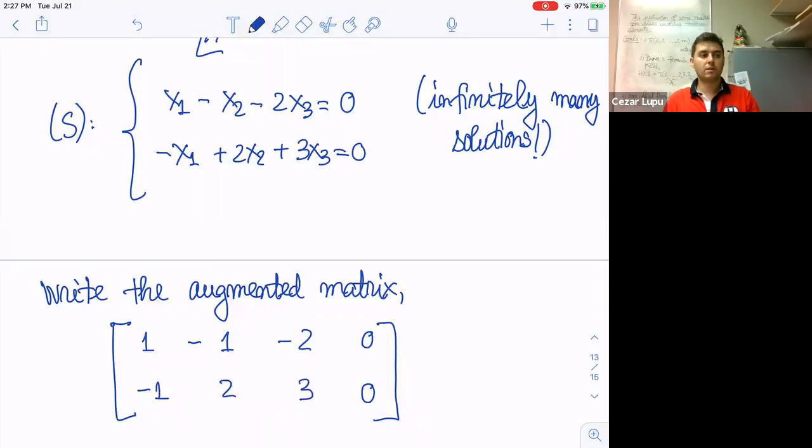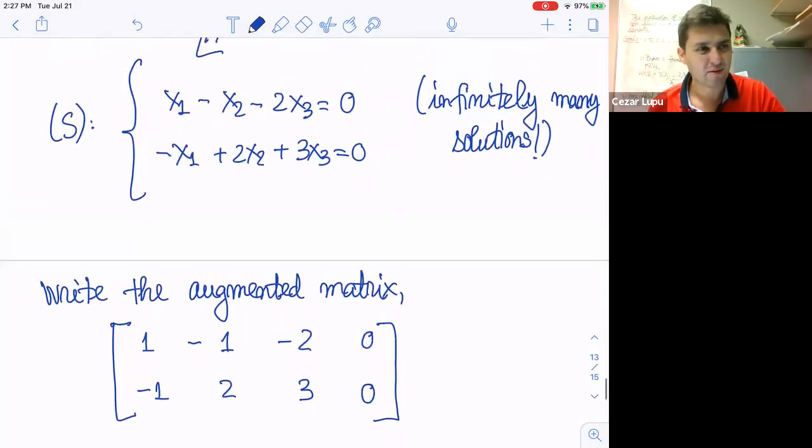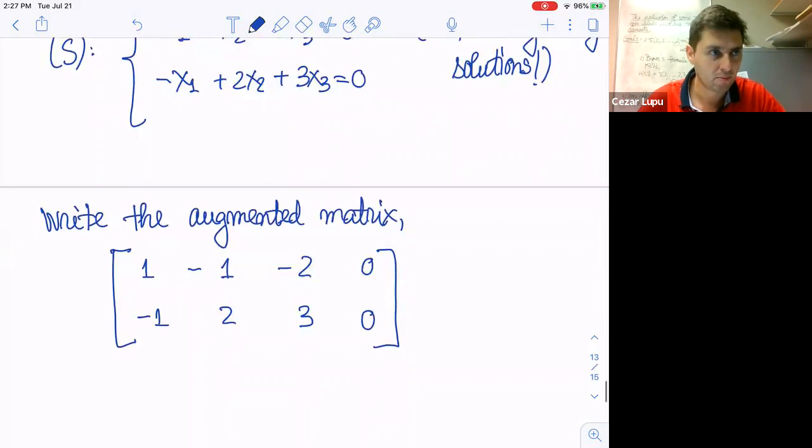So this is the augmented matrix. Once you do elementary transformations to this matrix, in fact, you don't even need to go there. You can just solve the system directly, like Morgan says, by parameterizing x3, for example. But anyway, you can do whatever you want.